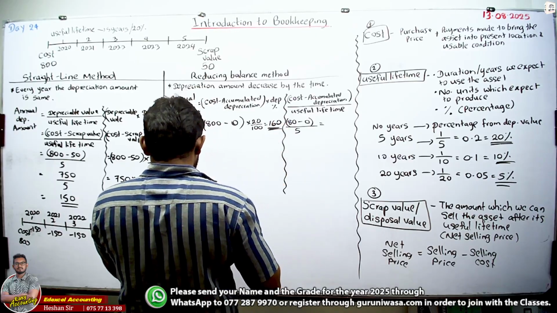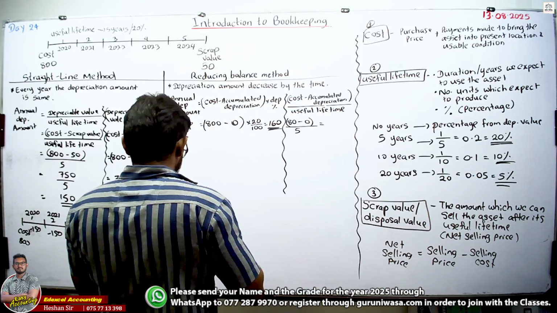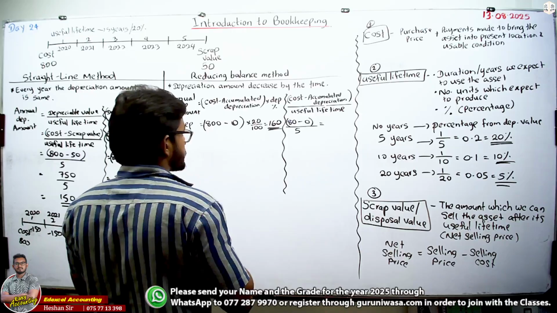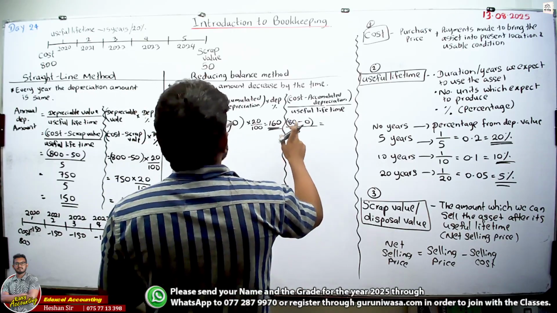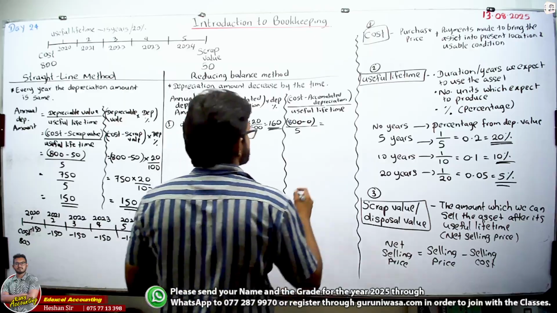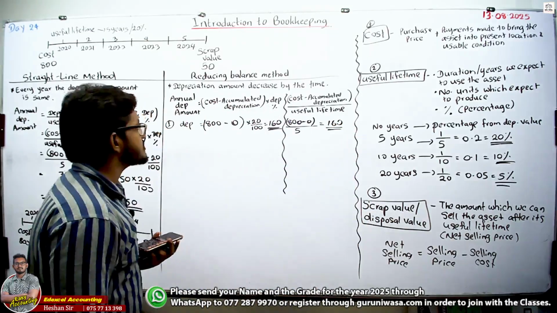So 800,000 multiplied by 20 divided by 100 is 160. Every first year depreciation is 160.